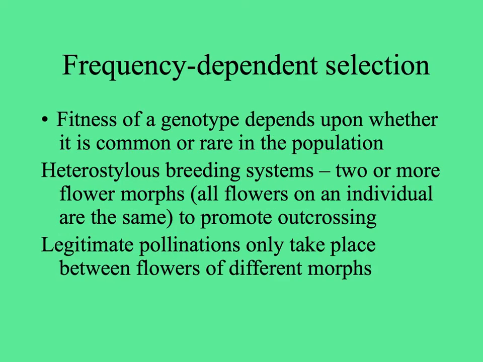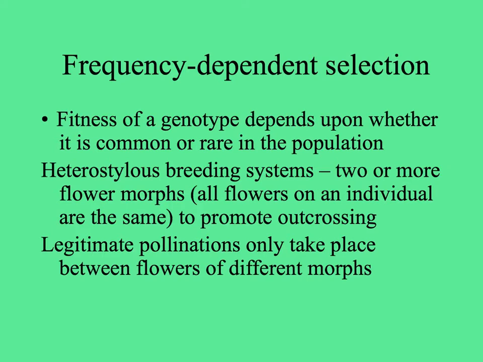In the evolution of many breeding systems, frequency-dependent selection is at play, where the fitness of a genotype depends on whether it's common or rare in the population. And some plants have heterostylous breeding systems where there are two or more flower morphs, so that every individual plant has flowers all of the same morph, so that a visitor visiting many flowers on the same plant won't pollinate.